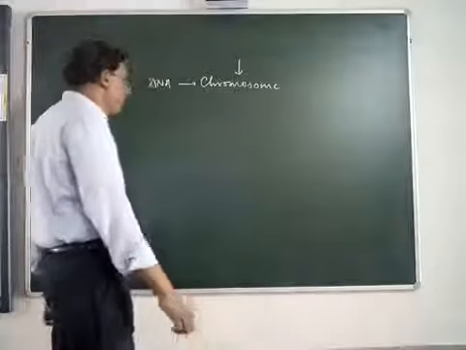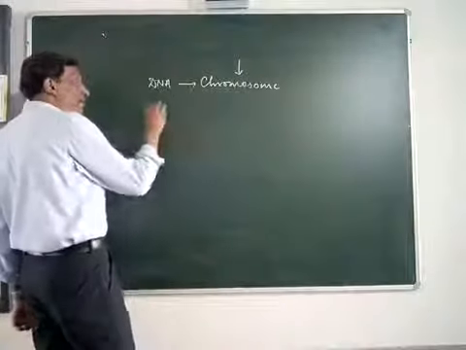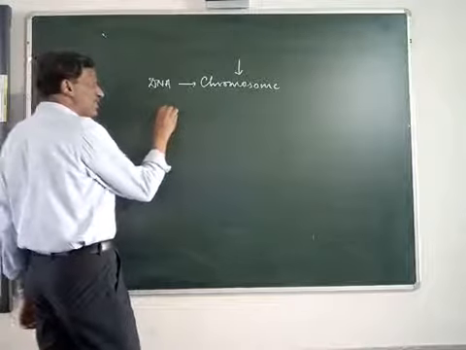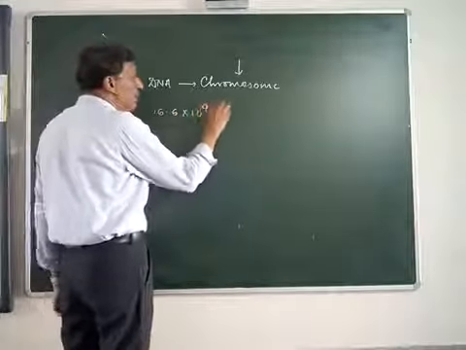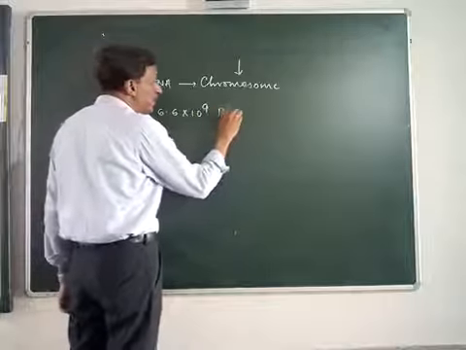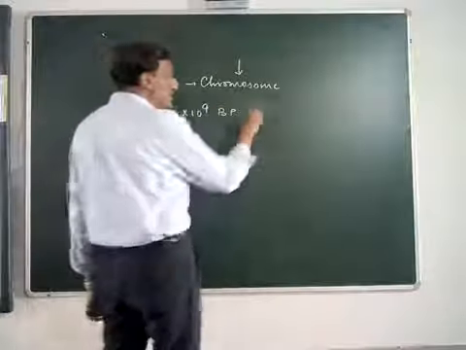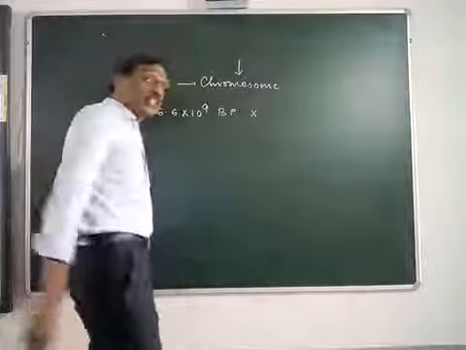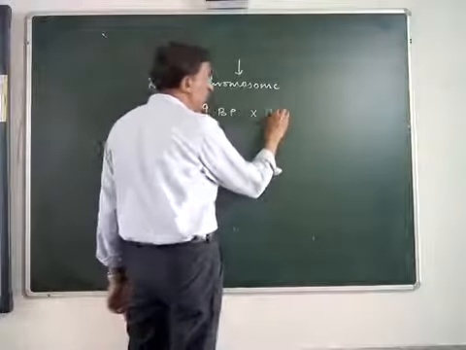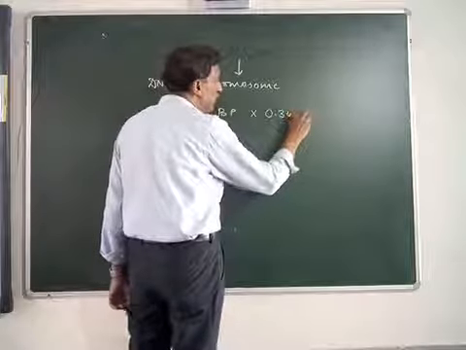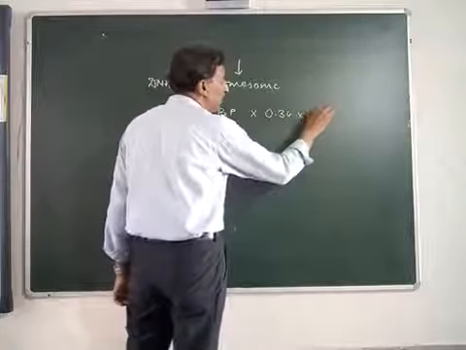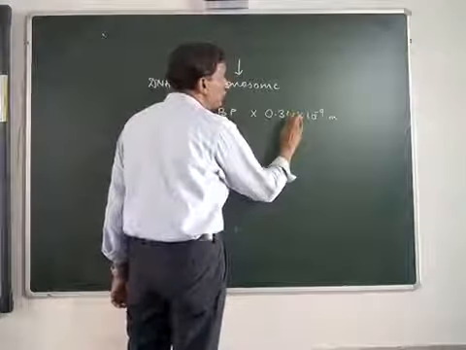Now the question is, we have studied yesterday that there are 6.6 into 10 raised to the power 9 base pairs. And the distance between two consecutive base pairs is 0.34 nanometer, that is 0.34 into 10 to the power minus 9 of a meter.